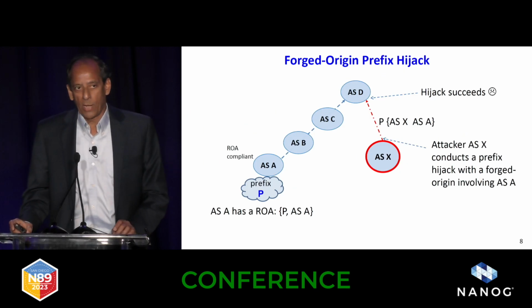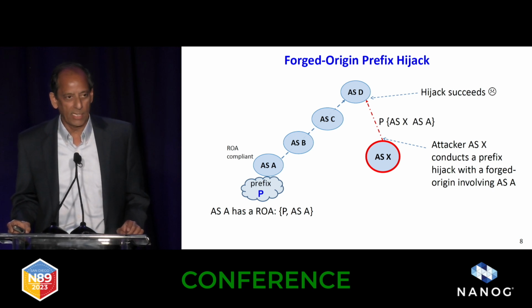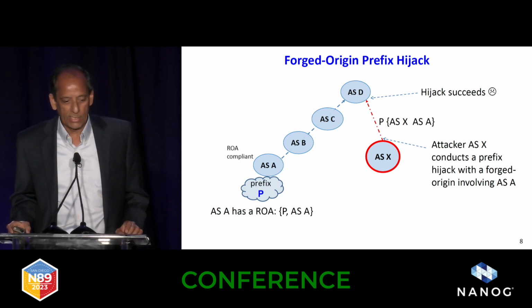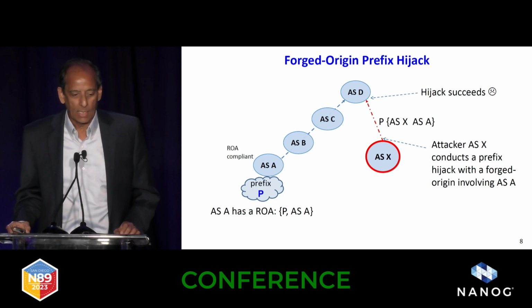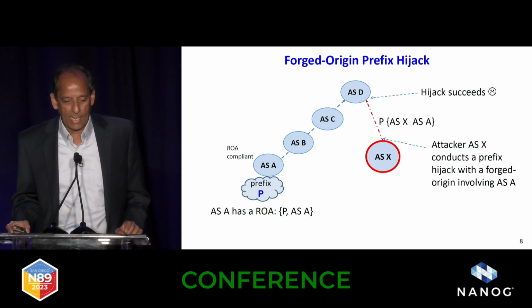Even if you have the solution for route hijacks using RPKI, we still have the problem of forged origin prefix hijacks. That is essentially a path manipulation. In this picture, ASA originates prefix P and it makes its way through multiple hops to ASD. So ASD has available the legitimate path.